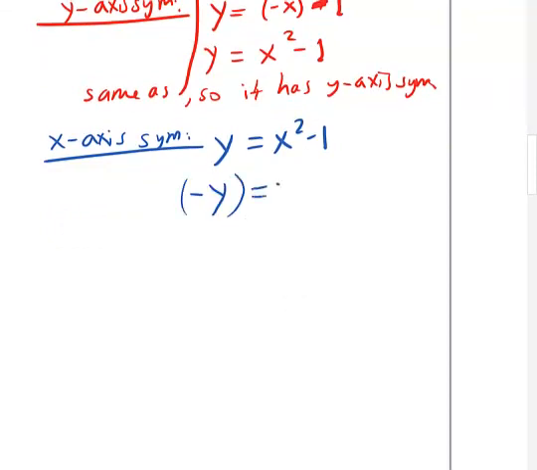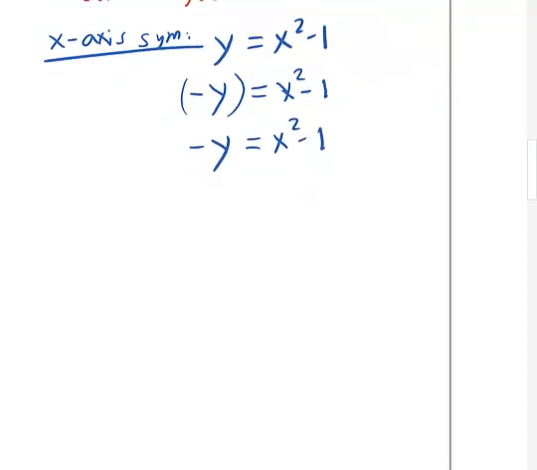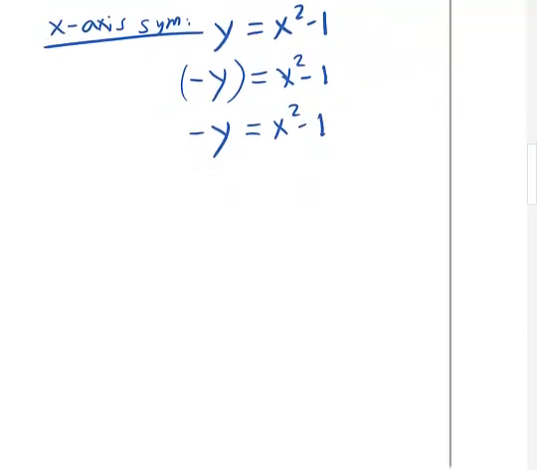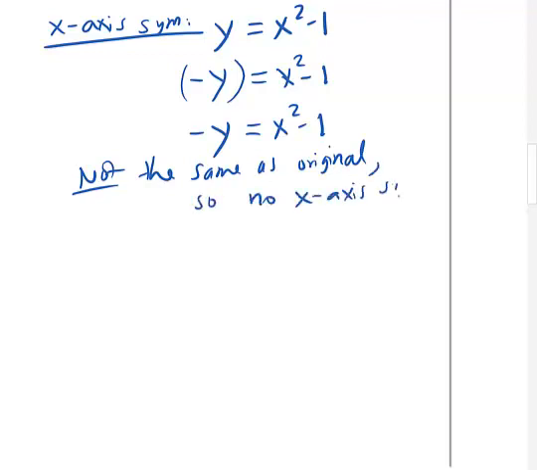There's nothing surrounding it that would necessitate parentheses, and there's nothing that's going to get rid of that negative. That negative is just going to stay. Since it's not the same as the original equation, because the original did not have a negative y, there's no x-axis symmetry.